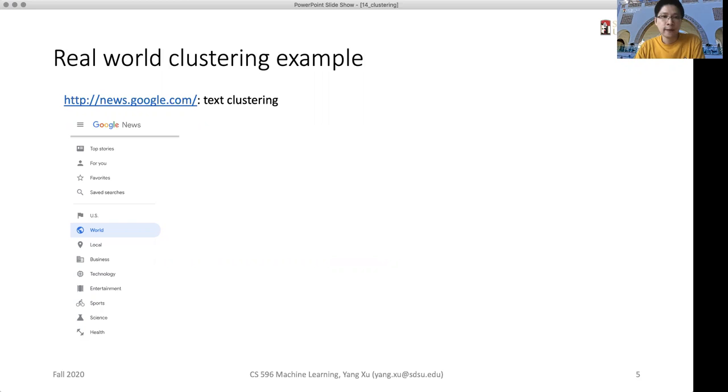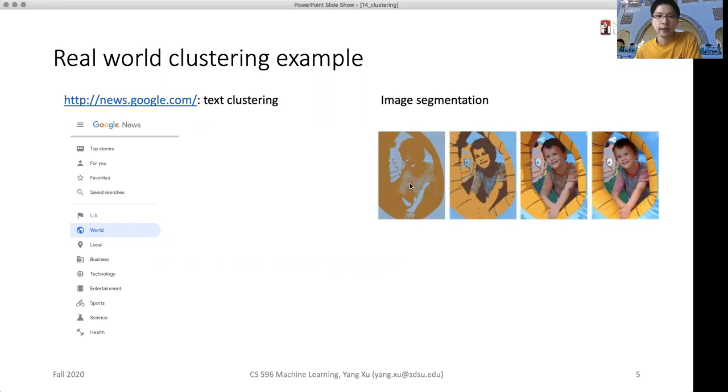So running an unsupervised clustering algorithm will help the computer discover unobserved types or clusters, which are still meaningful. And applied to computer vision, the clustering algorithm can be used to segment different parts in an image.